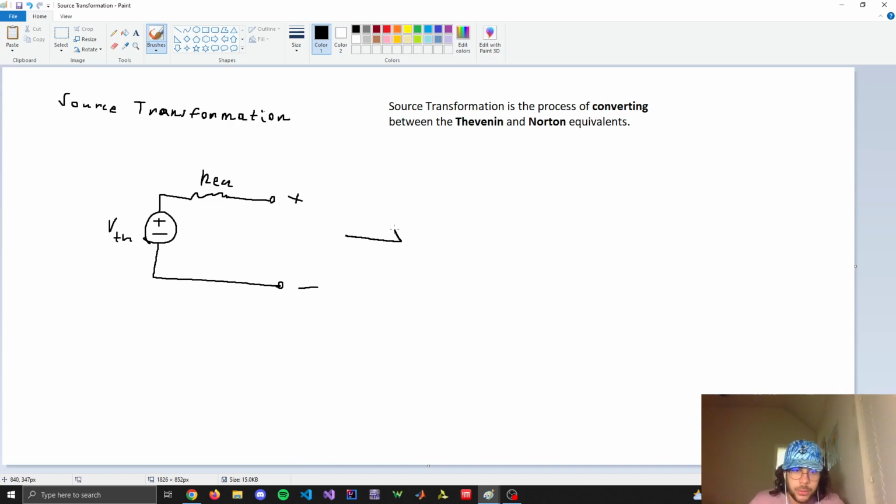And then we want to go between this and this, the Norton equivalent, which this is I, NO. And then we have RTH. Oh, sorry, it's supposed to be in parallel. Like this. It's connected across it. And then we have the output seen here. Let's just say it's V out.